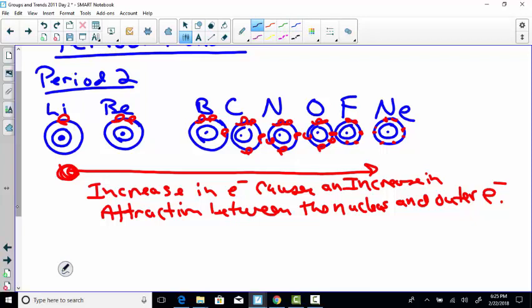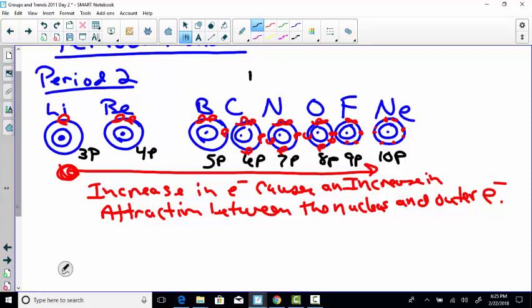The other thing that's increasing is there are 3 protons here, there are 4 protons here, 5 protons, 6 protons, 7 protons, 8 protons, 9 protons, and 10 protons. So the number of protons in the nucleus is also increasing.